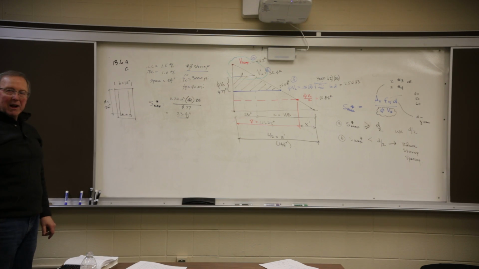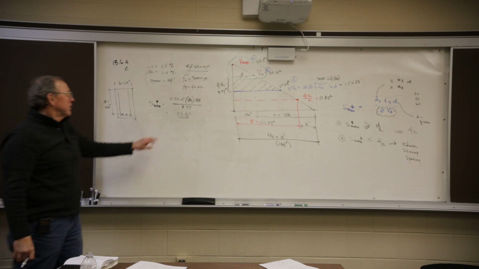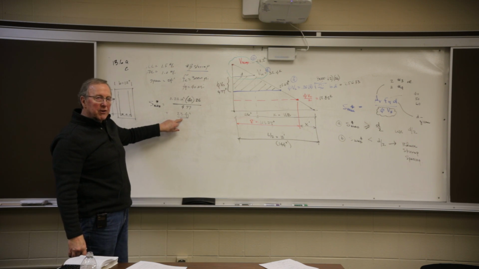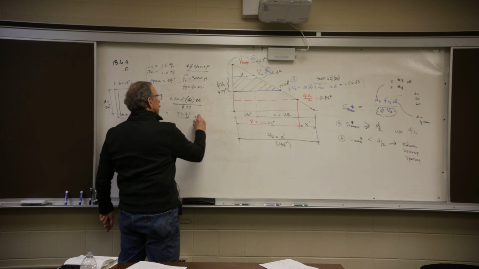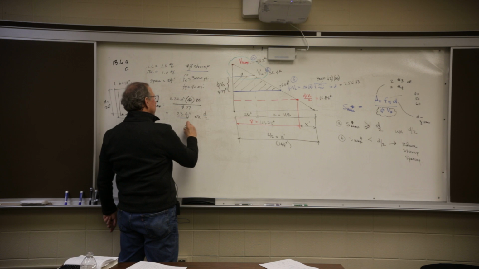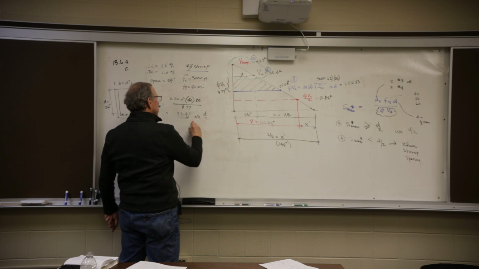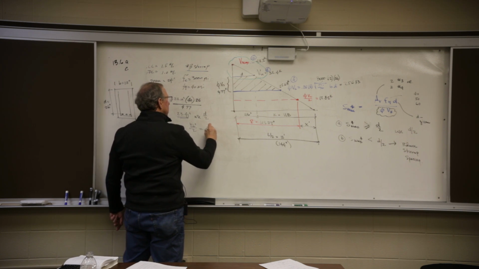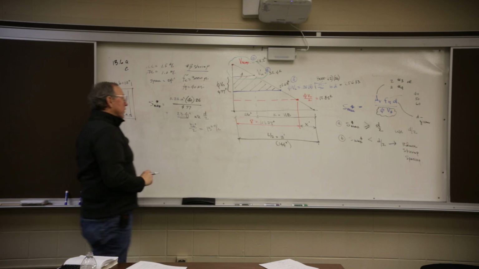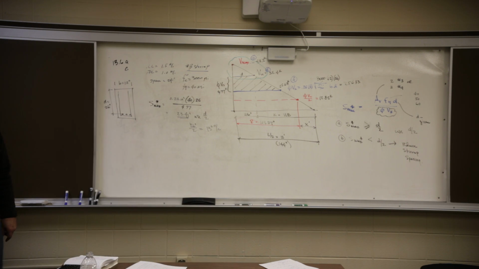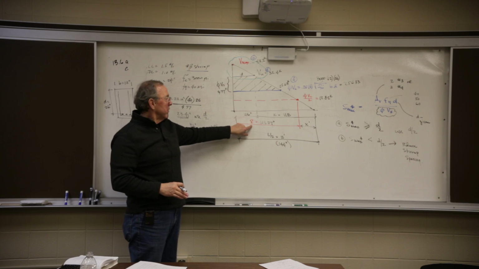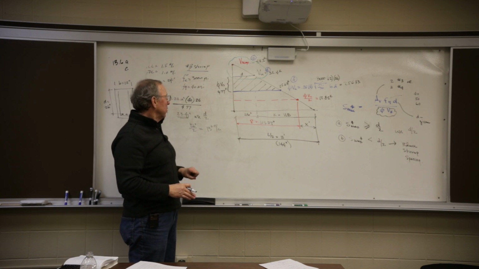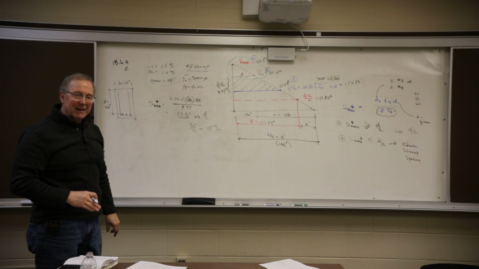Code says that's not possible. Code says if this number is bigger than D over 2, use D over 2, and D over 2 is 26 inches divided by 2. So we're going to put them at 13 inches on center. So now I know where they go: first 101.25 inches, a number 3 is adequate, and I'm going to put them at 13-inch centers.